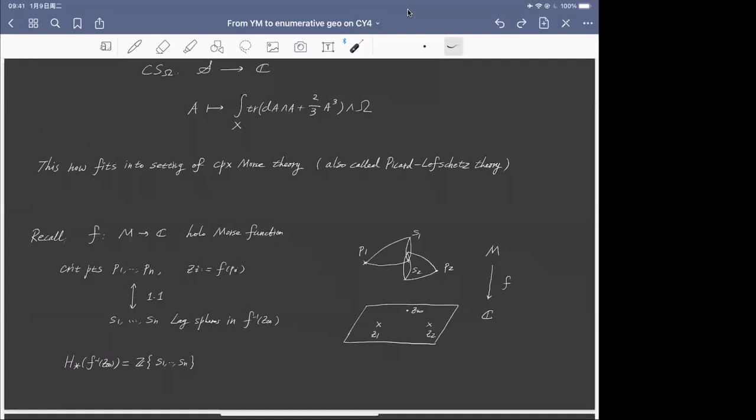And for each critical point, it goes to exactly one Lagrangian sphere in these fibers. So critical points are in one-to-one correspondence with Lagrangian spheres in the generic fibers of this map. And moreover, all these Lagrangian spheres generate the homology group of these fibers.